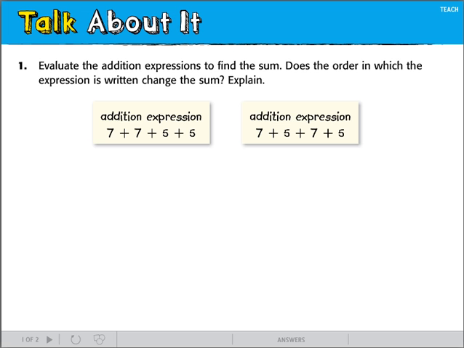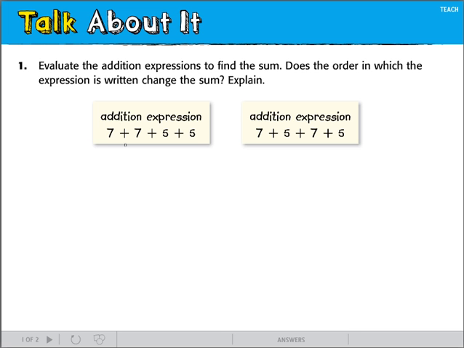Evaluate means, what does evaluate mean? Okay, so evaluate means that we're going to solve it. So we're going to solve both of these first, right? And that's going to let us know, doesn't matter which order they're in.